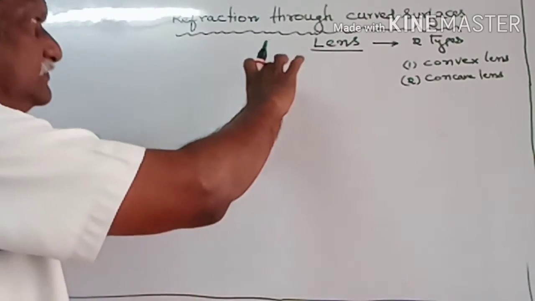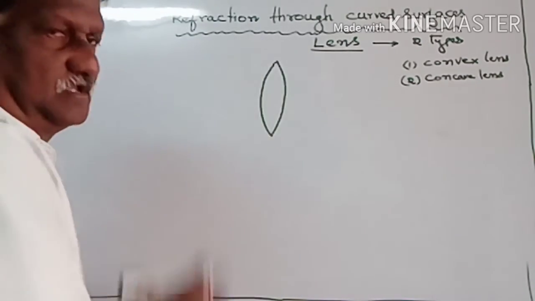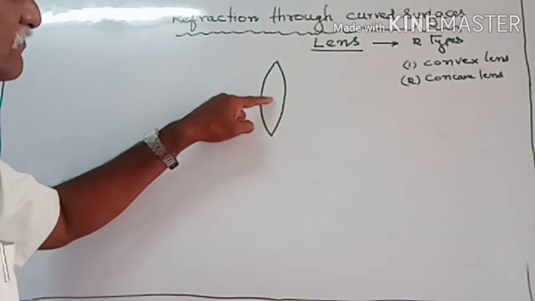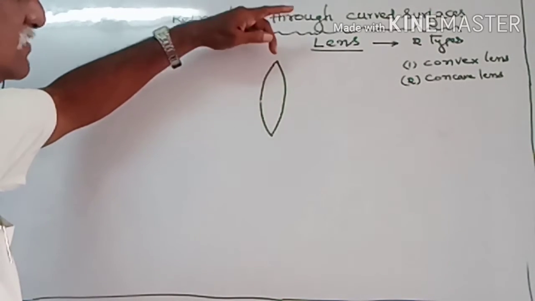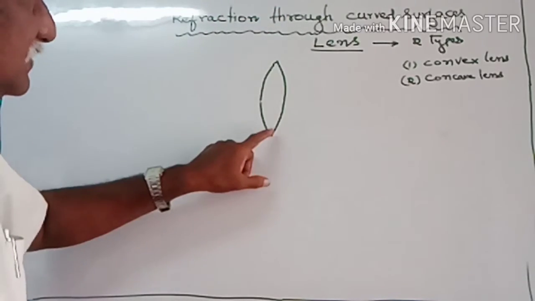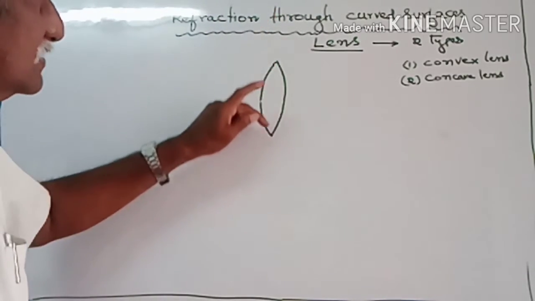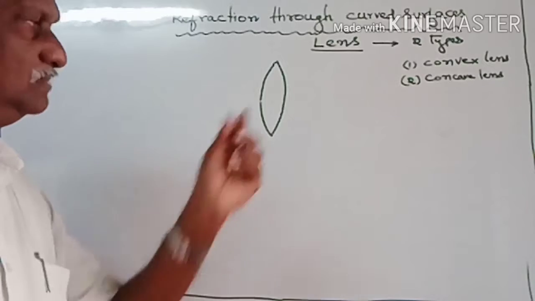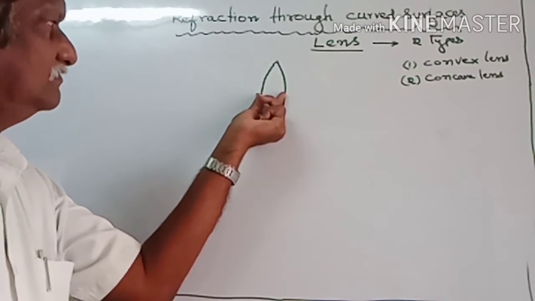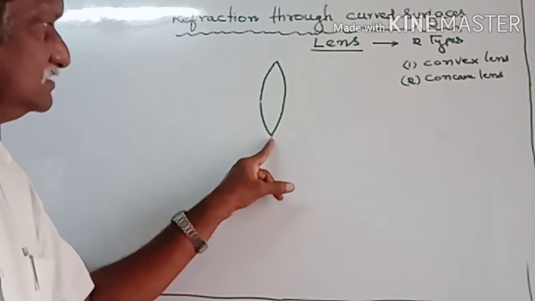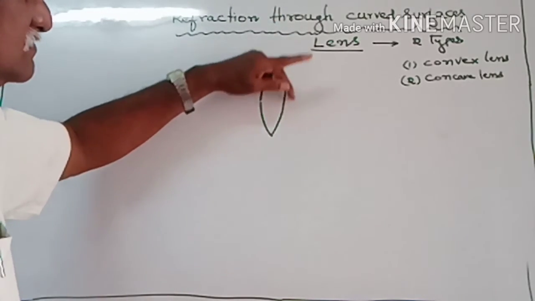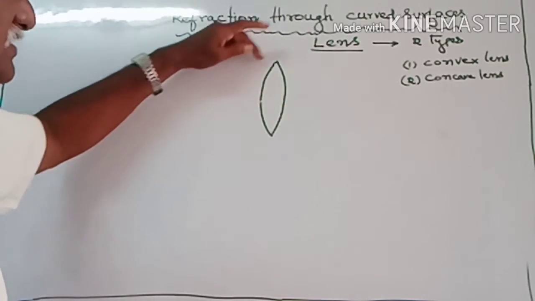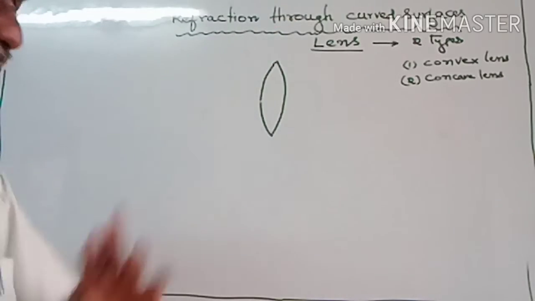Why? When we observe this lens, in the middle it is very thick, and at the edges it is very thin. Such a type of lens is said to be a convex lens.